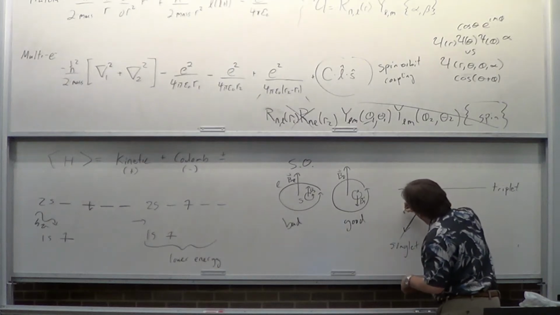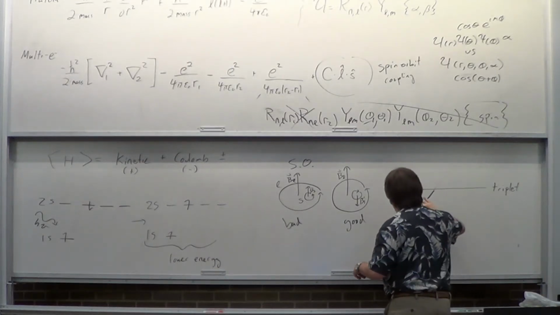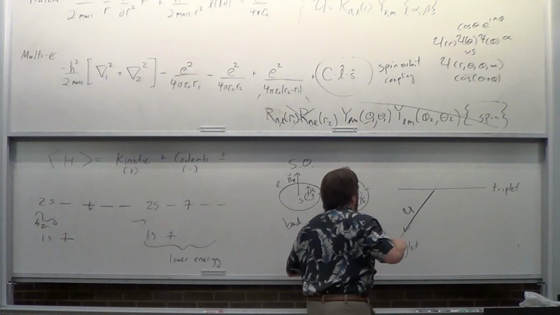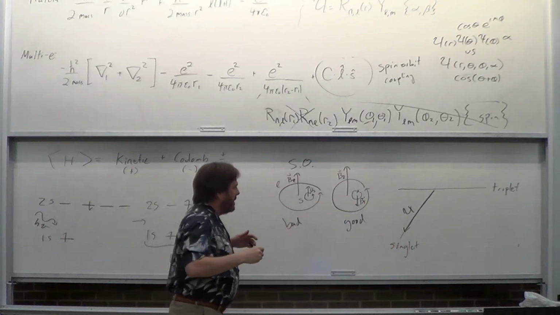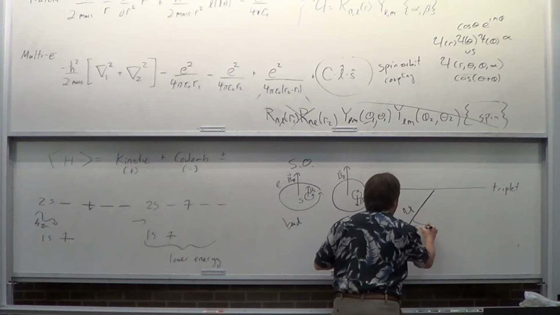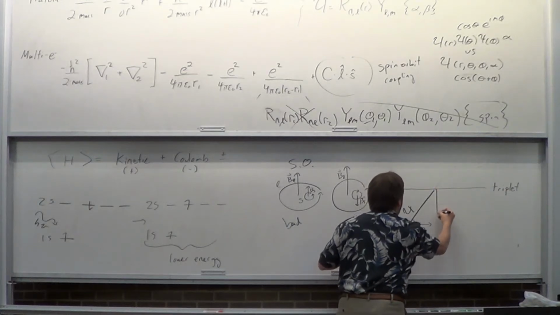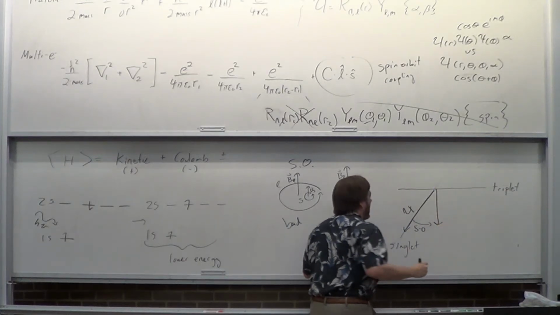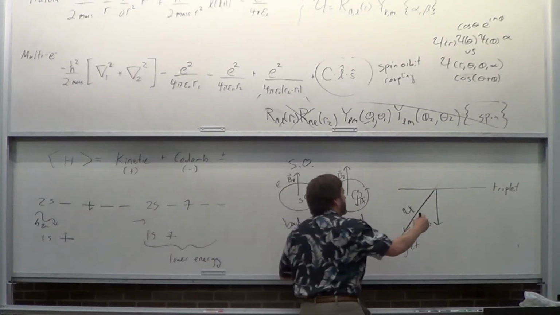So what I'm drawing here is the wave function that we'd like it to be, but spin-orbit coupling basically bends the vector a little bit sideways.